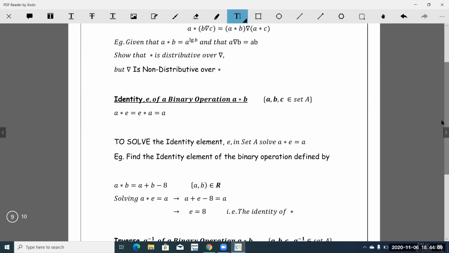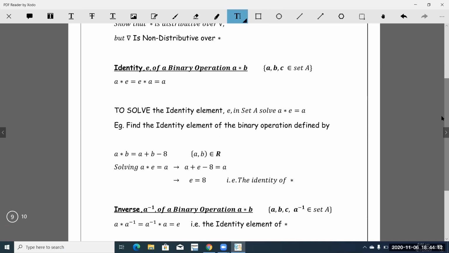Now, the next one we want to talk about is identity. Don't worry, we're going to do lots of examples afterwards, because binary operation is the shortest topic on CAPE Math. Remember, the same way we add identity, the identity is any number such that when it undergoes the operation, the result gives us back the original number. So for a binary operator star, when it undergoes the operation on some number A, if the result gives us A, then the other number E is known as the identity of star.